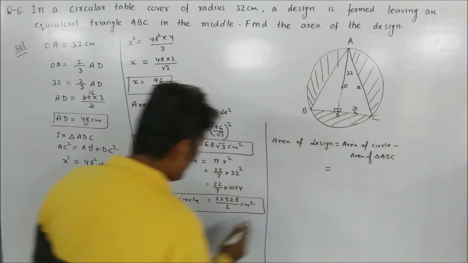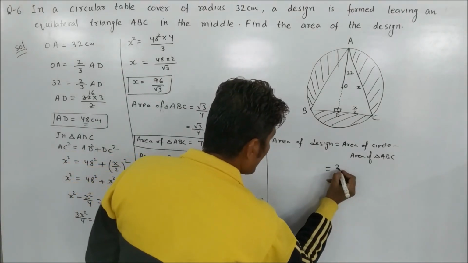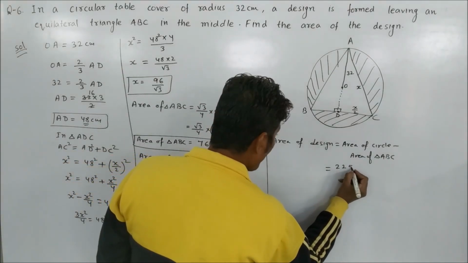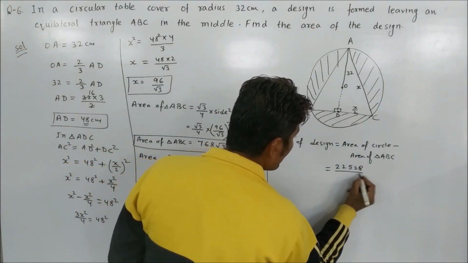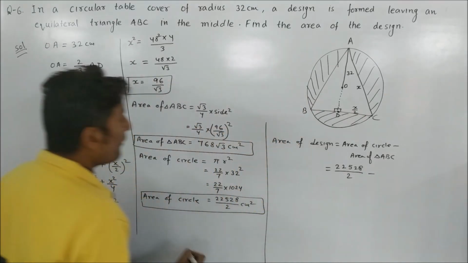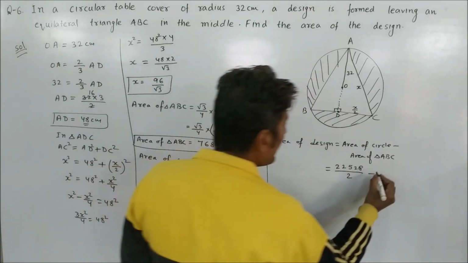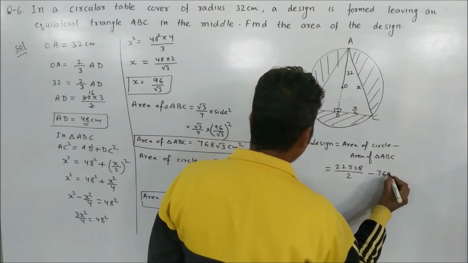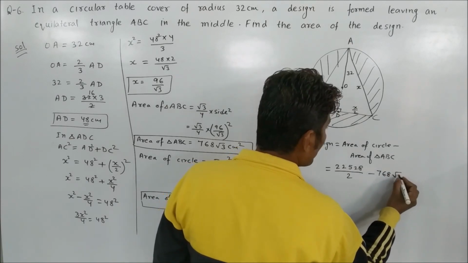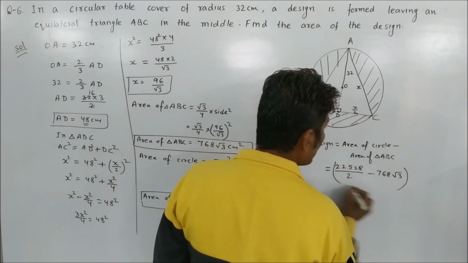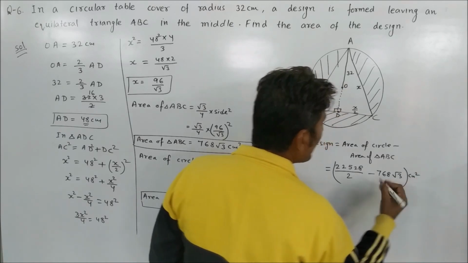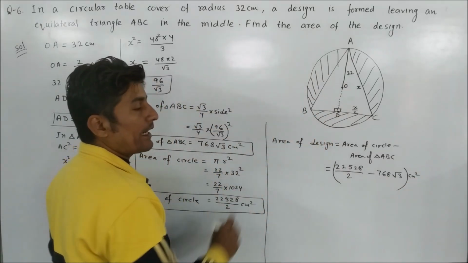Area of circle we are already having, 22,528 upon 7, minus the area of the triangle we have calculated, 768 root 3 centimeter square. So this is the area of the design.